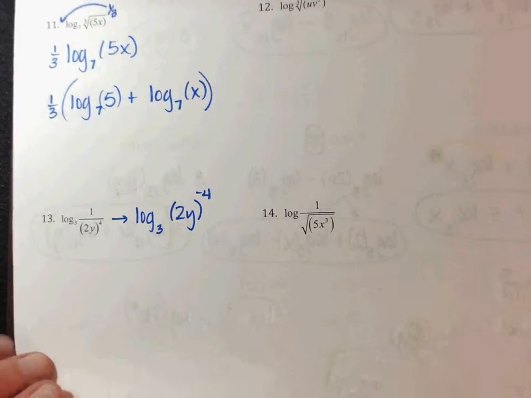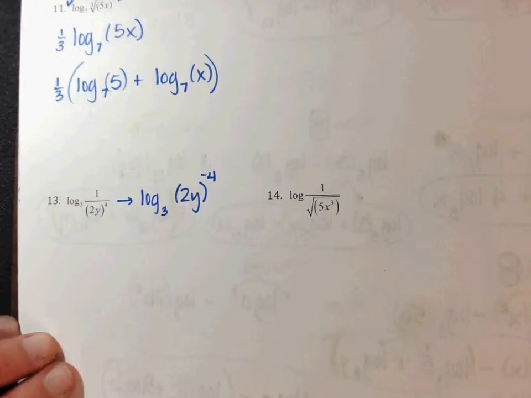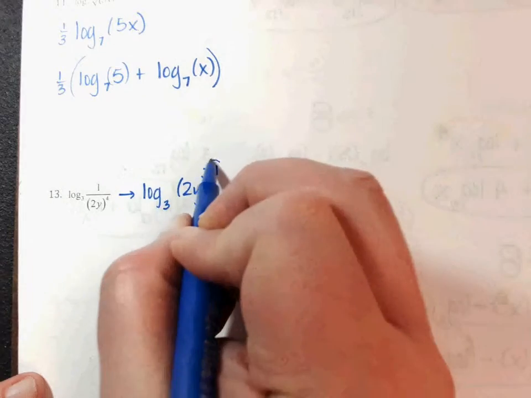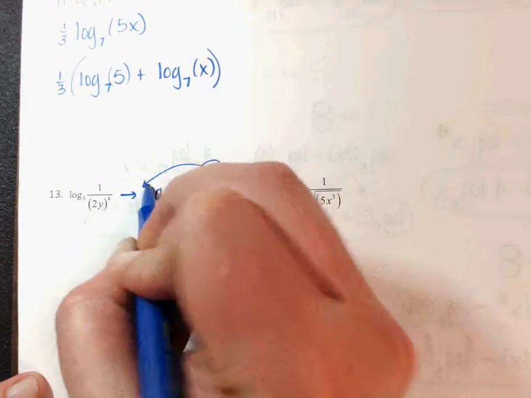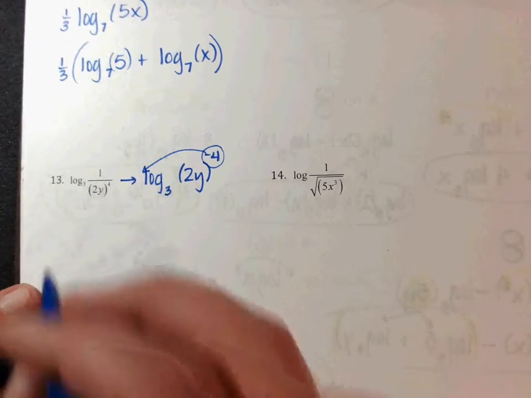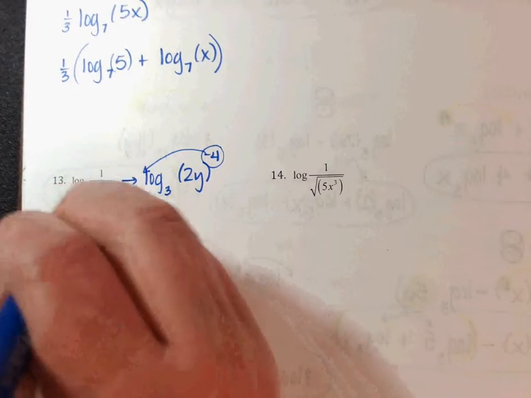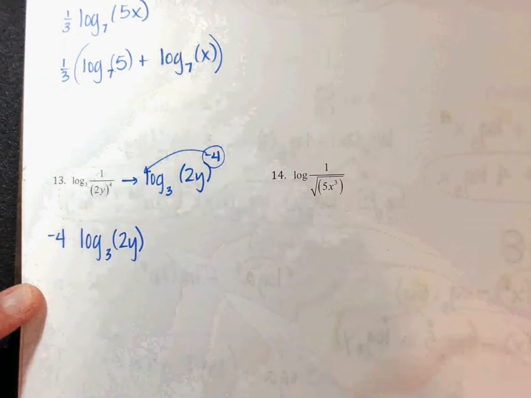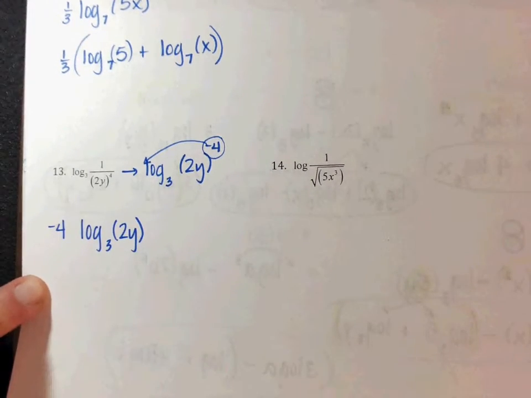Now, again, why does the exponent turn negative? Because it was originally a fraction. Okay? Then I can take the negative 4. If it's an exponent, I can move it to the front. So my negative 4 is going to go here in the front, and then I'm going to have log base 3 of 2y. So you shift the bottom up, turn the exponent negative, and then move it to the front.